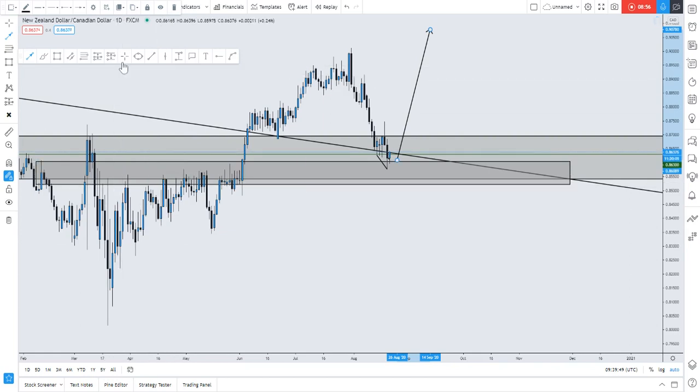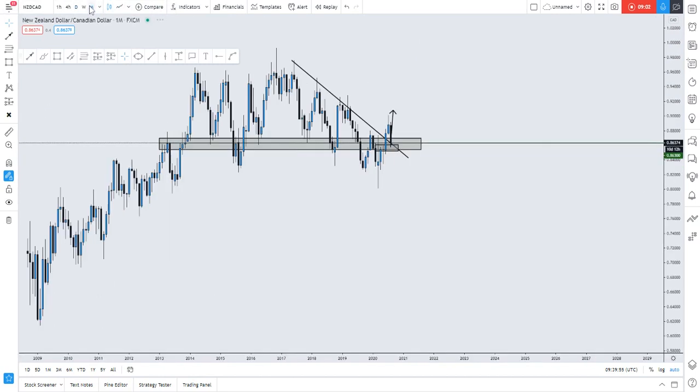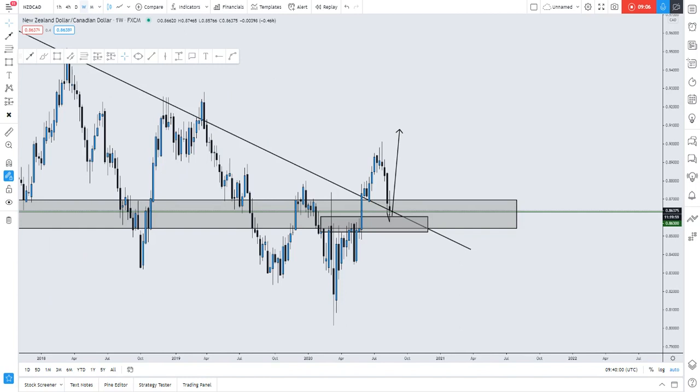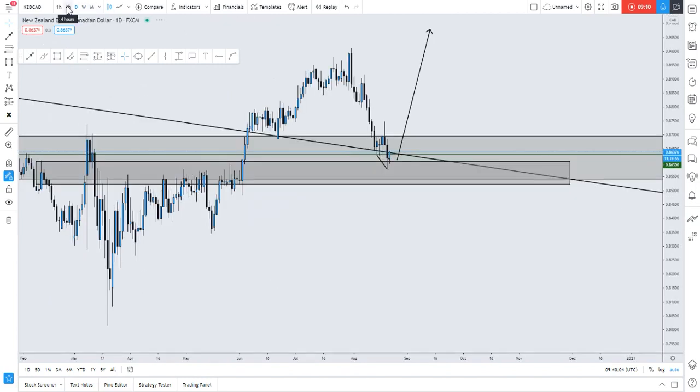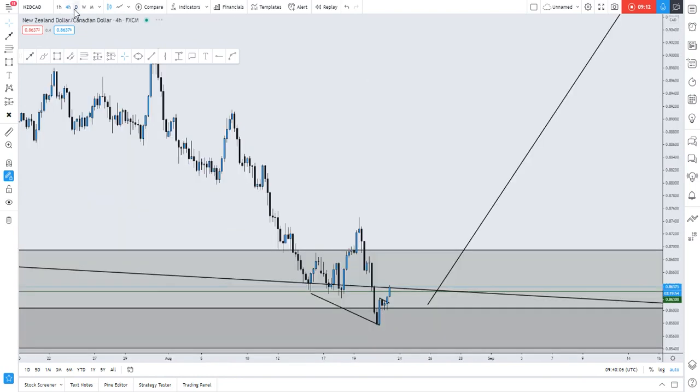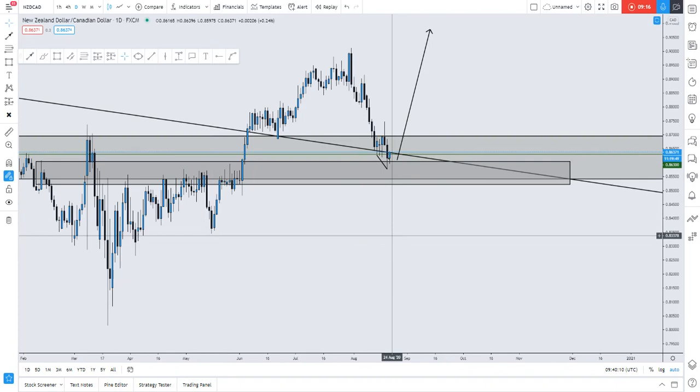The confluences are the impulse and correction pattern seen on the monthly time frame, the zone within a zone, the W pattern, the W within the W pattern, the divergence, and the impulse on the 1 hour time frame with the correction confirmed. Those are my confluences for going long on NZD CAD.